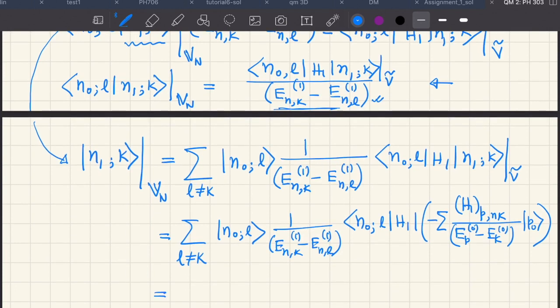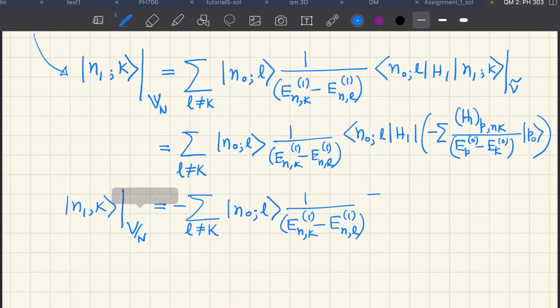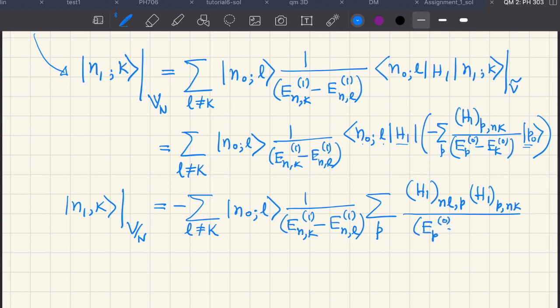So finally we will get N1K in Vn as minus L not equal to K N naught L 1 by Enk1 minus ENL1, and then there was a sum over P, of course, then this object N naught L H1, now this H1 acts on this P naught, therefore it's a matrix element H1 NL P, and then we have H1 P comma Nk divided by EP naught minus EK naught.